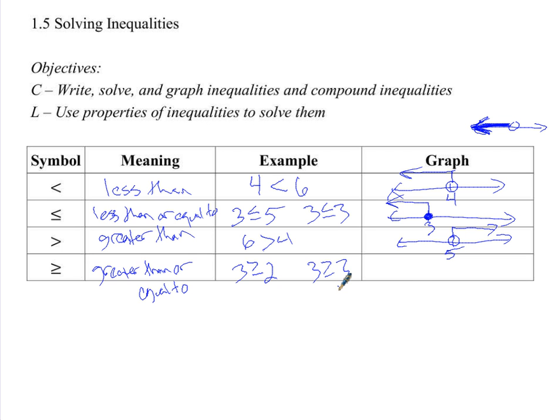Both of those are true. If I'm going to graph this guy, my number line, and let me put 6 on here this time just for something different. What do I do? Closed dot. Closed dot this time, good. And up and to the right for greater than, because those are the numbers that are bigger than 6.